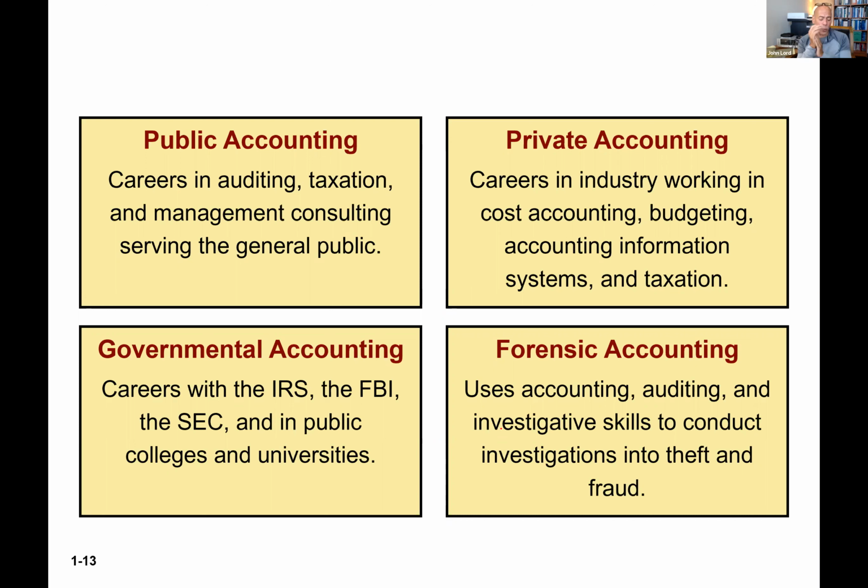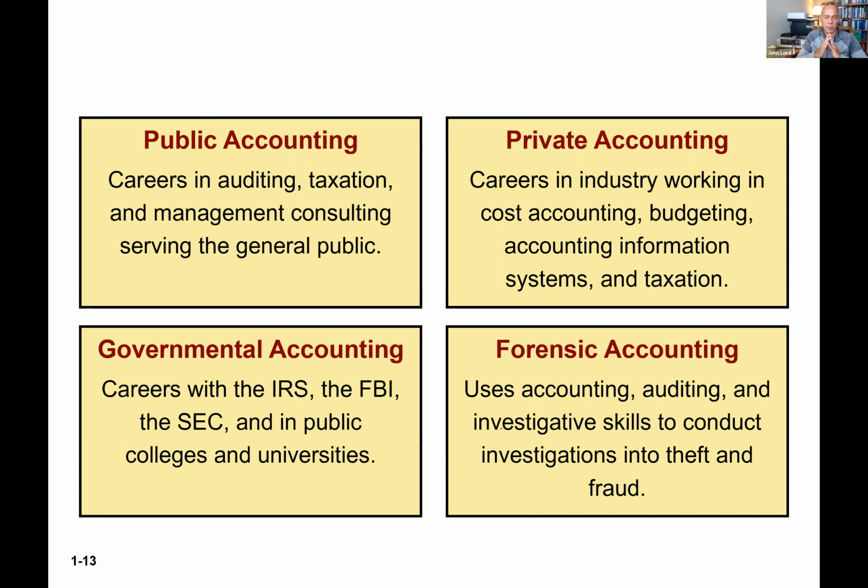Okay, forensic accounting. What forensic accounting does is, let's say there's a crime and they want to figure out where the money went. If you're doing work for the FBI, you'd probably get into some level of forensic accounting. But it's not only that. Let's say somebody dies without a will, and now there has to be a process to figure out who gets what.